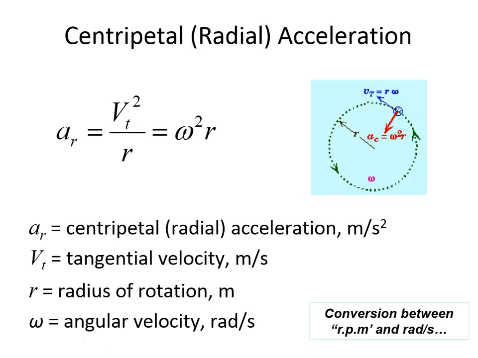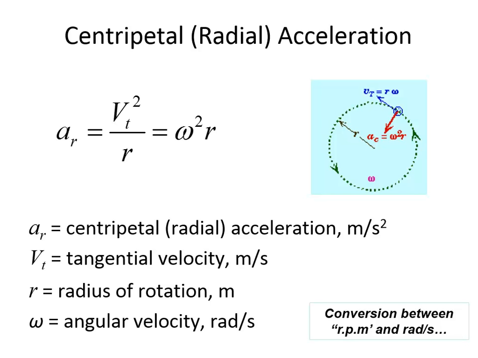One last thing I want to show you is how to convert between RPM and radians per second, because in the types of problems we're going to do in class on Tuesday, that's a conversion you need to be comfortable making. A lot of times machines and pumps are rated in RPM, which means revolutions per minute.